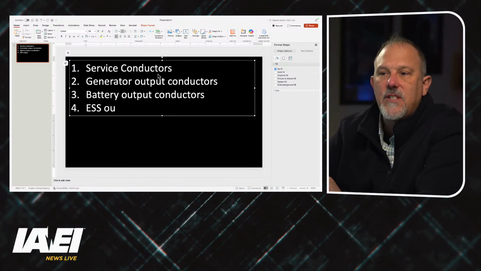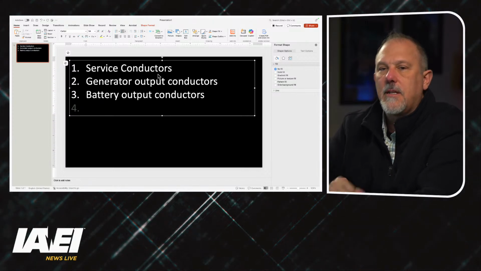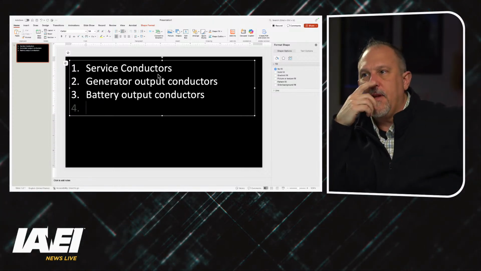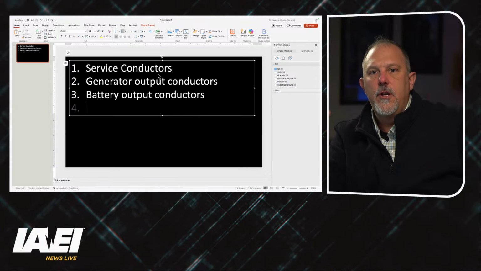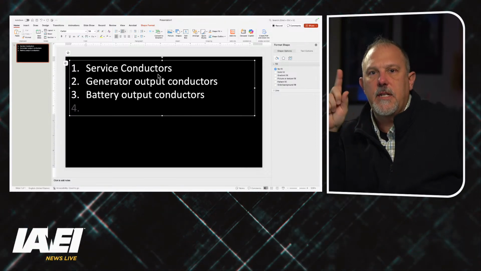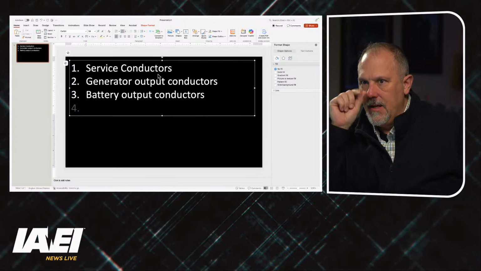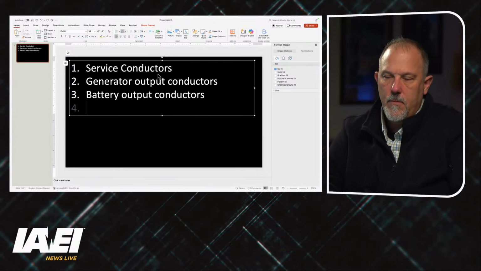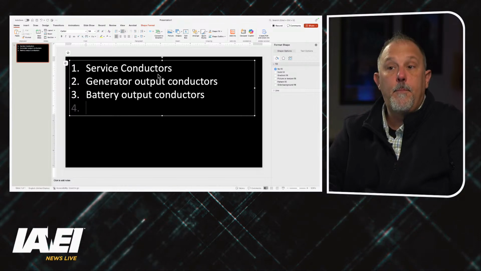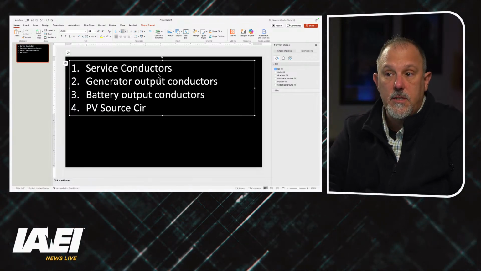An energy storage system is a listed product. I believe the output of those energy storage systems are protected conductors. How about generator, battery, PV source circuits?